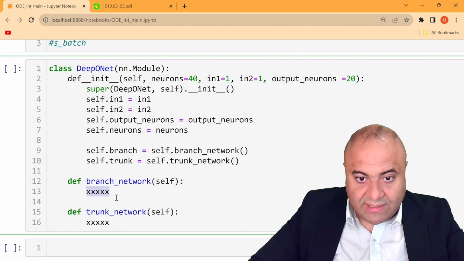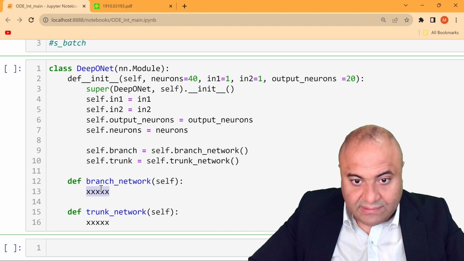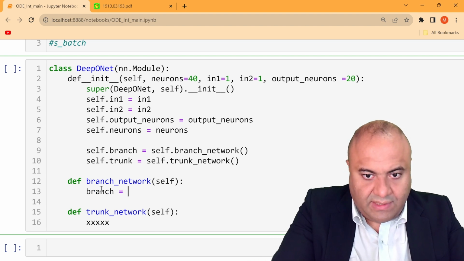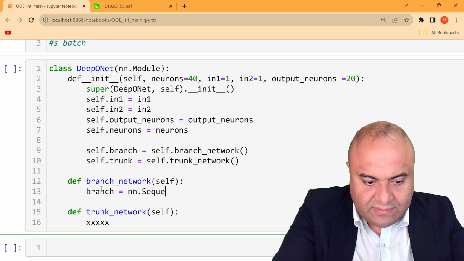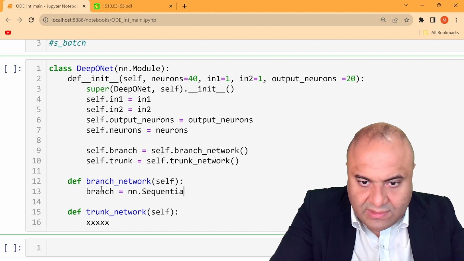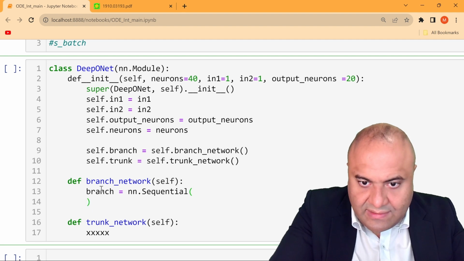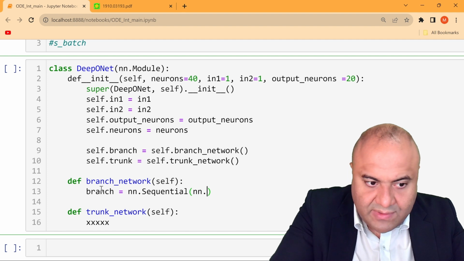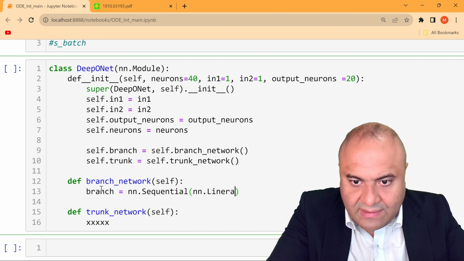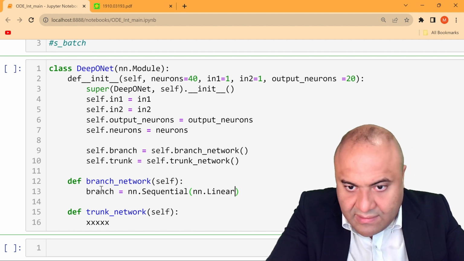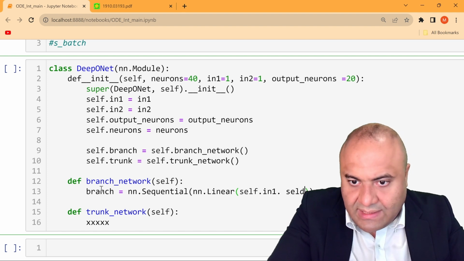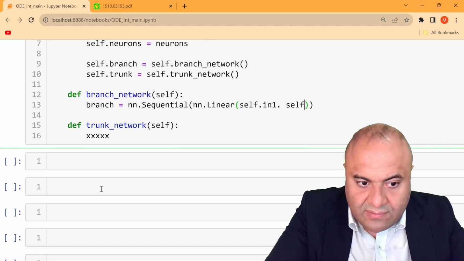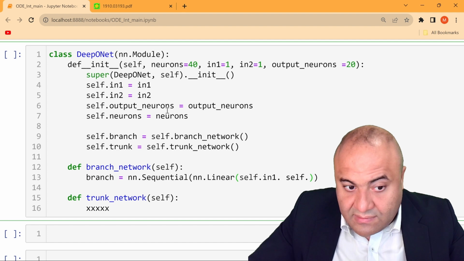So the branch network will start by equals nn dot Sequential, and I want it to be a little bit, the neural network will be Linear, and we'll take self dot in1 and self dot net neurons.